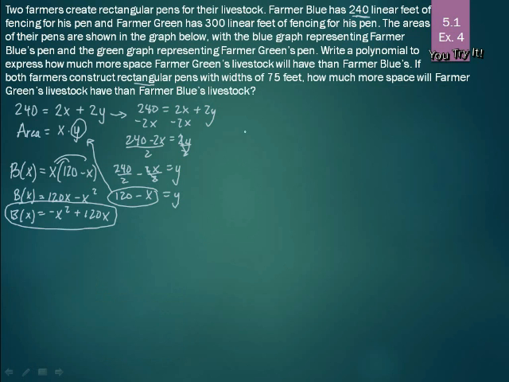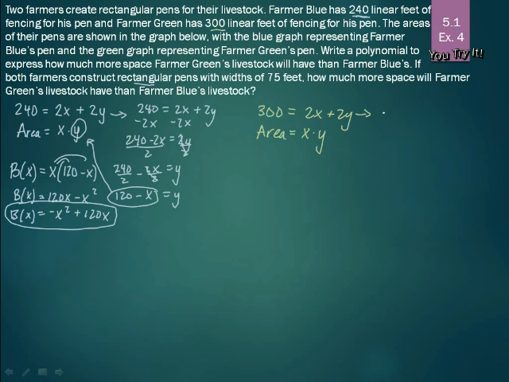Now going on to Farmer Green's pen, we can do a similar thing. Farmer Green has 300 linear feet, which again is the perimeter, so 2x plus 2y. We again want the area of his pen, which is x times y. We can do the same thing to write it all in terms of x.